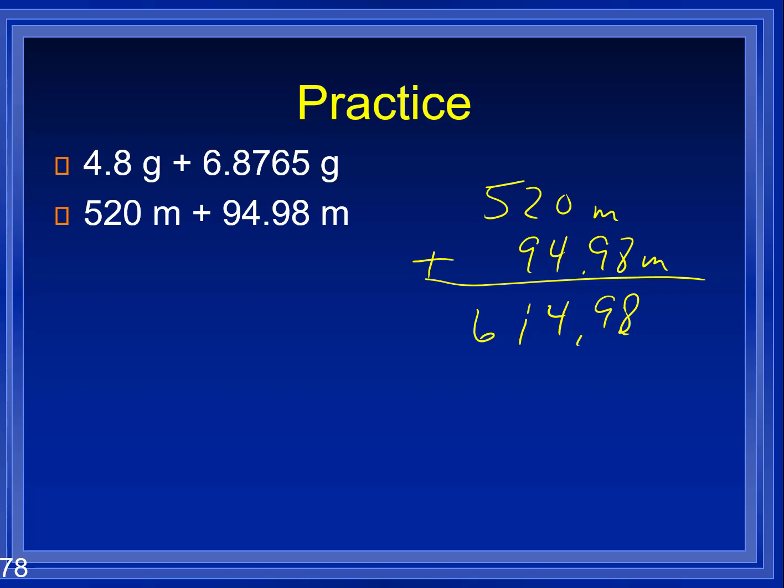Okay, in 94.98, what's the last sig fig? 8. In 520, what's the last sig fig? 2. 0 is not a sig fig. That's why we had to make sure which zeros counted. I knew this was coming.